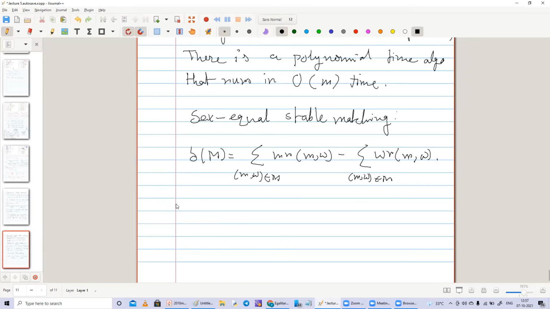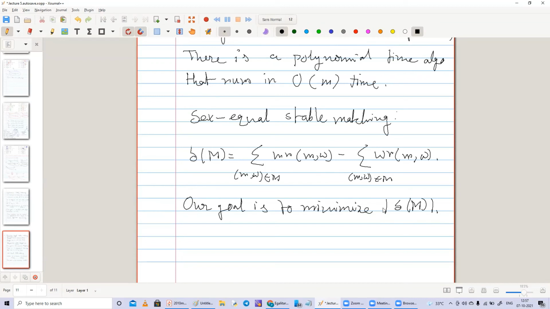And of course here our goal is to minimize the mod of delta M, because the delta value can be positive or negative depending on which side has the larger value. So our goal is to basically minimize the absolute value of delta M. So you can see that this sex equal stable matching is basically a global version of the minimum regret stable matching.